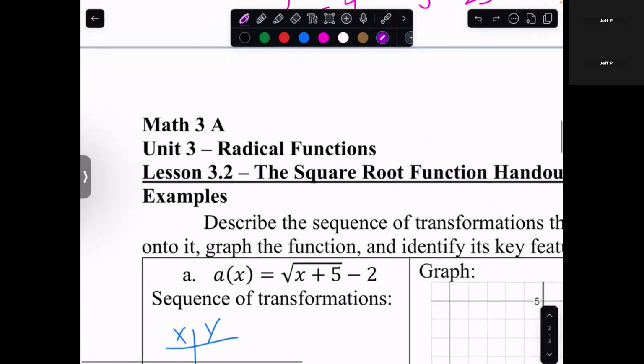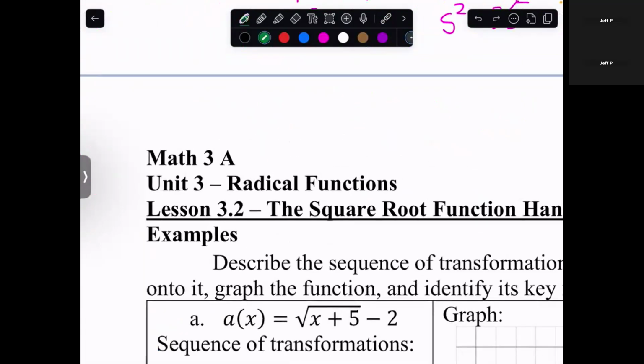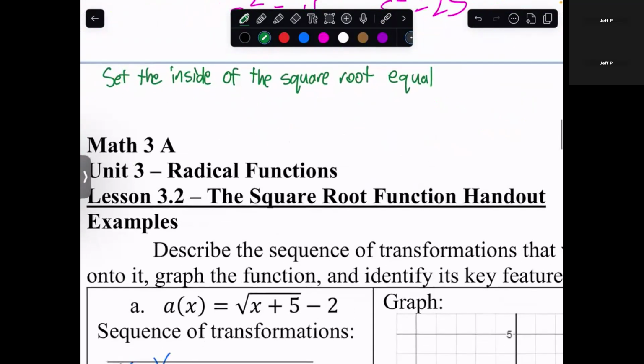Okay, so here's our strategy. We can write it at the top. Set the inside of the radical, I guess we could say the inside of the square root, equal to a perfect square.